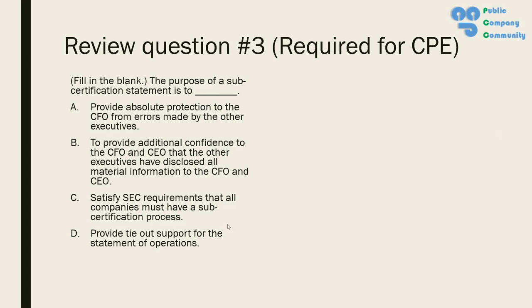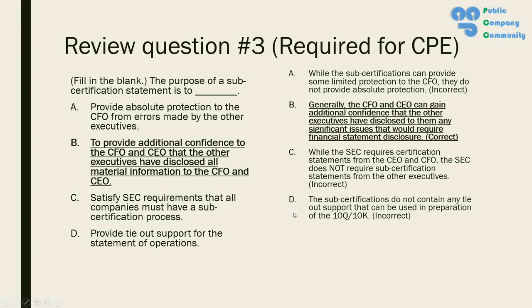So let's think about that for a second. And the answer is B, to provide additional confidence to the CFO and CEO that the other executives have disclosed all material information to the CFO. So generally, the CFO and CEO can gain additional confidence that the other executives have disclosed everything important to them. Now, it's additional confidence.